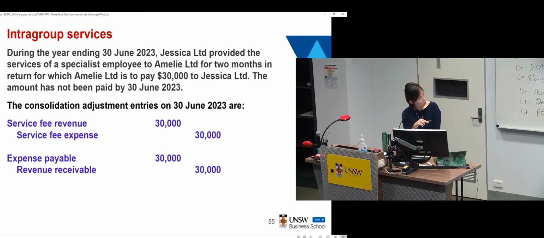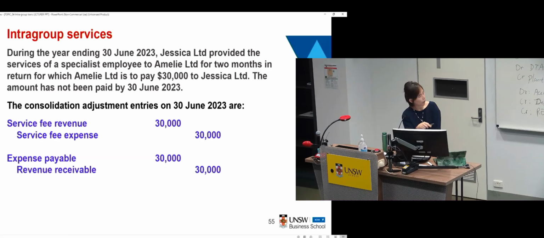So you can see the overall impact of this elimination entry in the worksheet on the group profit is 0, right? So you can see there is no impact on the group overall profit from this intragroup elimination entry. That's the reason why no tax entry is required here. So you don't need to prepare any tax effect entry. No impact on the overall profit of the group.